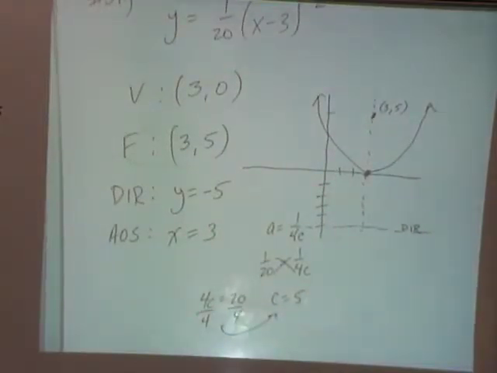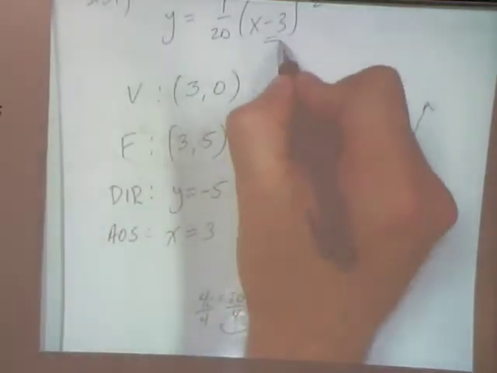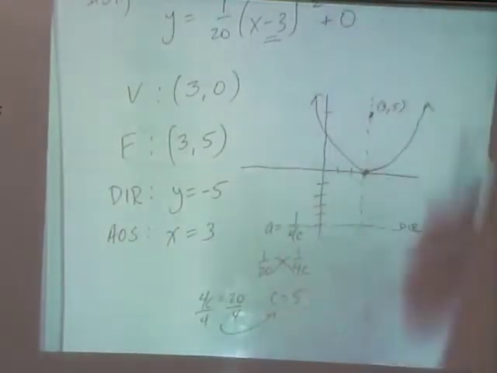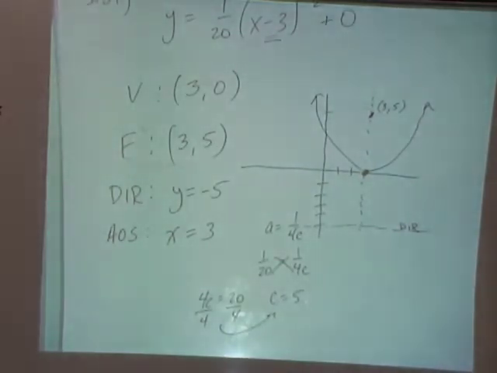So the vertex is just whatever number is inside the parentheses? Well, it's the opposite of this, and then your k, or the y value, is out here. What about the y-intercept? I didn't find it, and they didn't ask for it, but it's going to be 9/20ths.